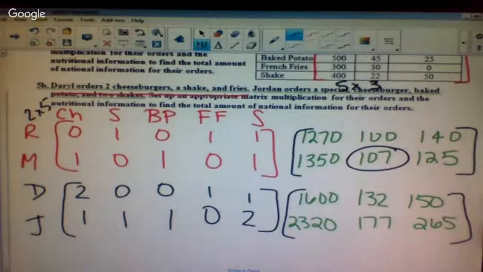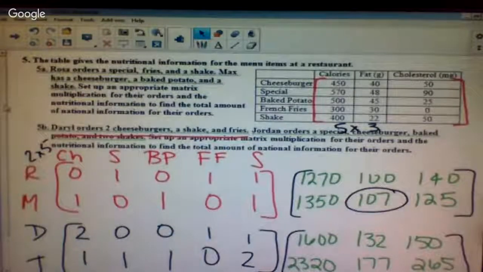And it's in the second column, which was your fat content. Okay, so this now goes Rosa, Max, and it's calories, fat, cholesterol. Okay, your 2 represented the 2 people, and your 3 represented your calories, fat, and cholesterol. So this is how much fat is in the food that Max has ordered.